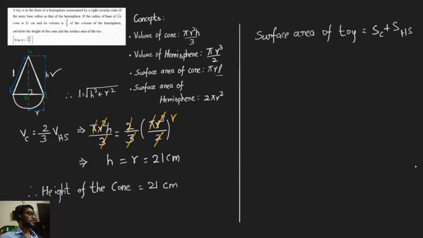Now from the formulae, surface area of toy is equals to pi rL, which is surface area of cone, plus 2 pi r square, which is surface area of the hemisphere. Note that this surface area does not include the circular area, which is the base of the cone on top of the hemisphere.